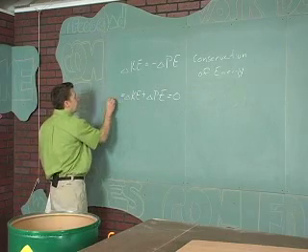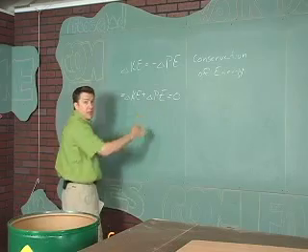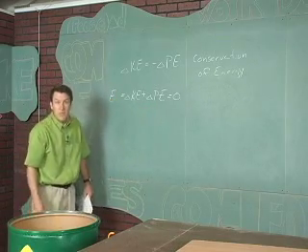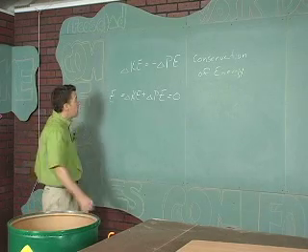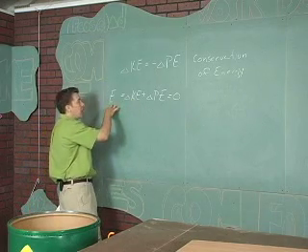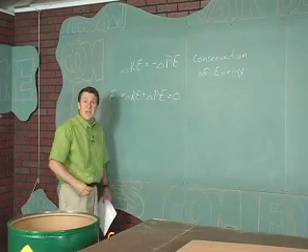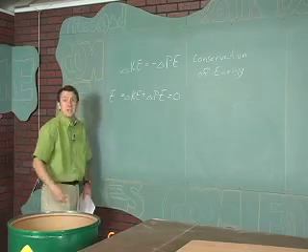Now, we have defined the sum of all energy in motion and all energy being stored as the total energy of the system. Now, when only conservative forces are acting, we are saying that the total energy in the system equals 0 or remains constant. That's what this expression tells us.